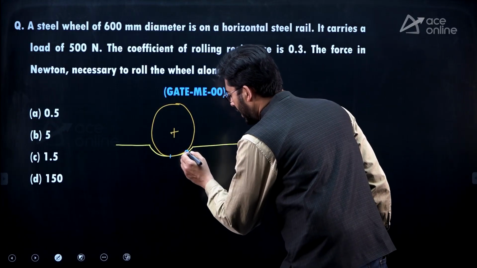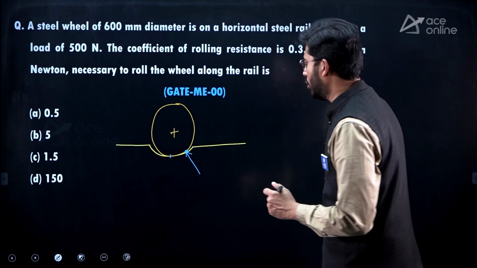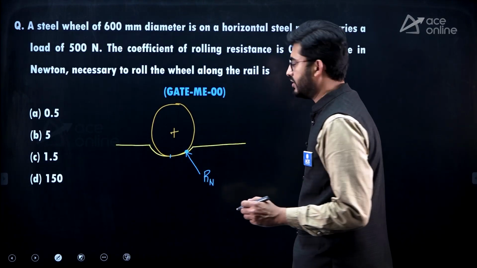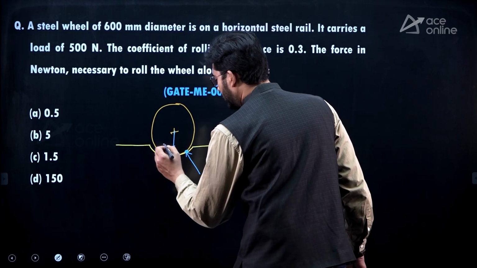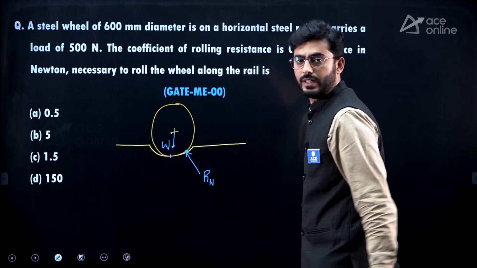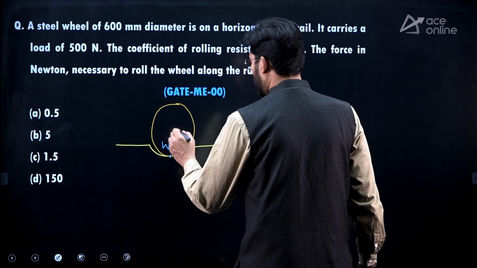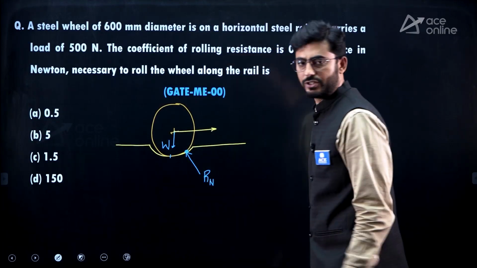So this contact will induce the normal reaction. Let's say when the contact is shifting over here, the weight will be placed over here, and there will be a force that acts in the horizontal direction.